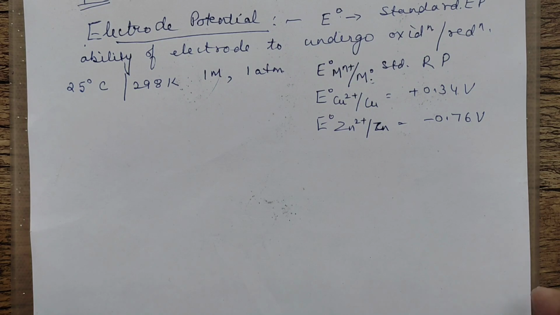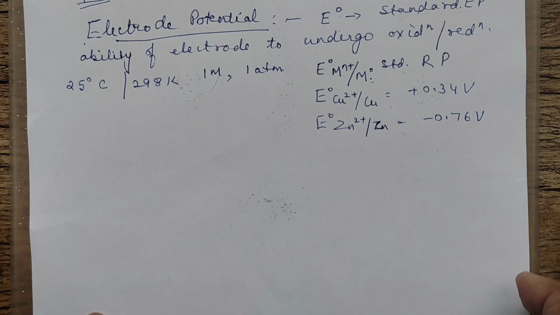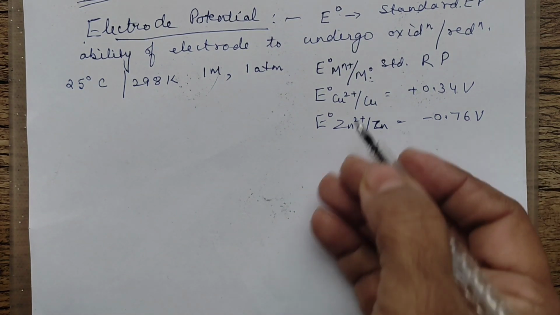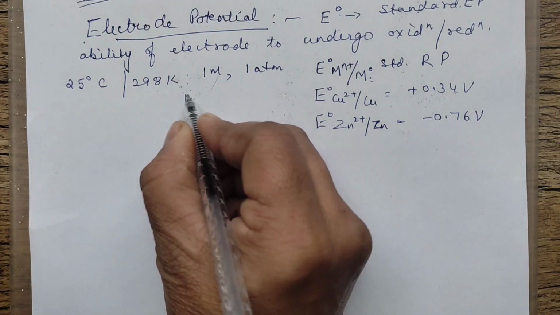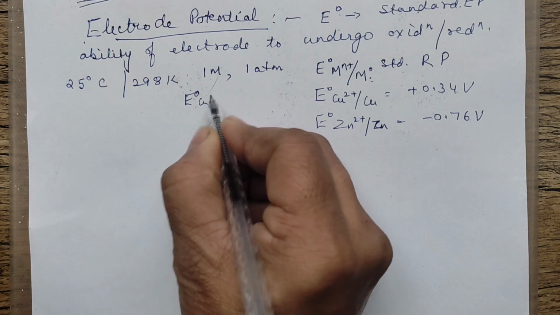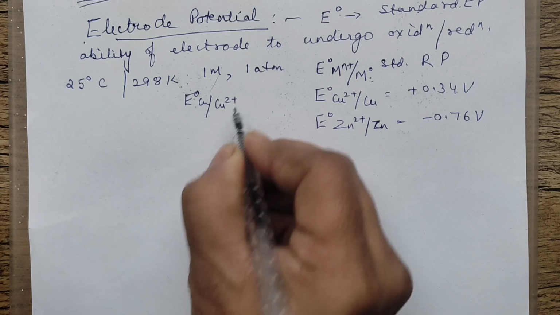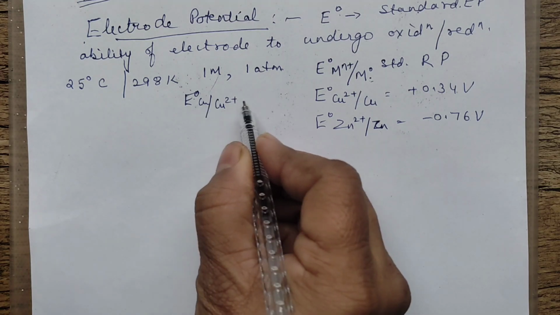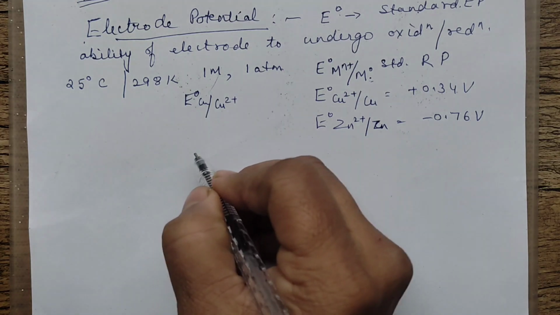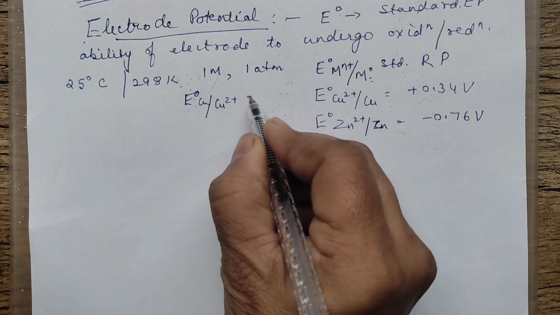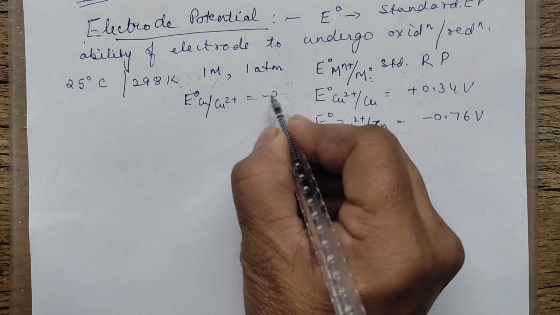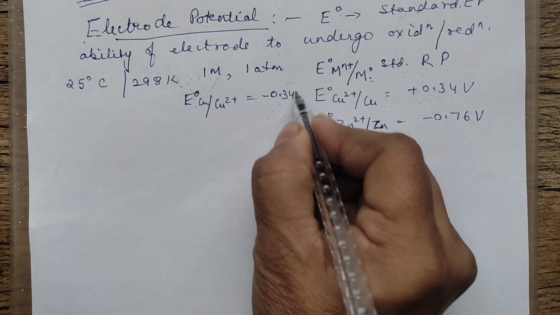Now at times, suppose you are asked to write down the oxidation potential. Oxidation potential would be written in this manner: Cu slash Cu2+. The oxidation state is increasing. From 0 it has become 2 plus. This is oxidation potential, standard oxidation potential. The value will remain the same, but the sign will be on the opposite side.